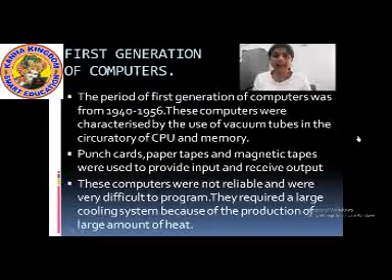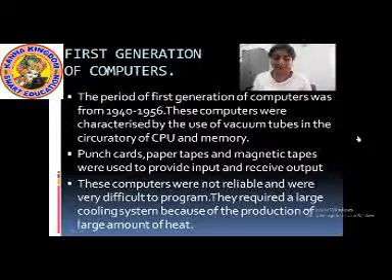Now, what were the input and output devices in these computers? The input and output devices were punch cards, paper tapes, and magnetic tapes. Now, what are paper tapes and magnetic tapes?